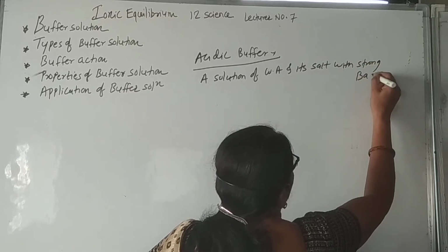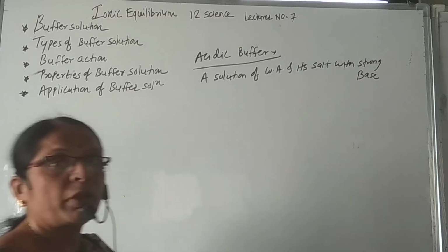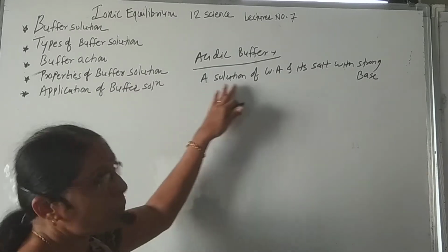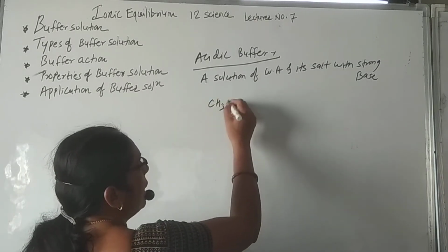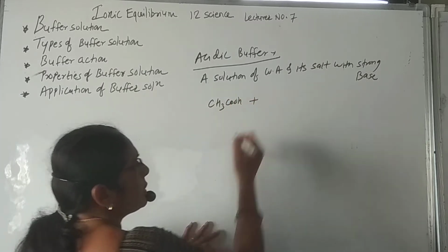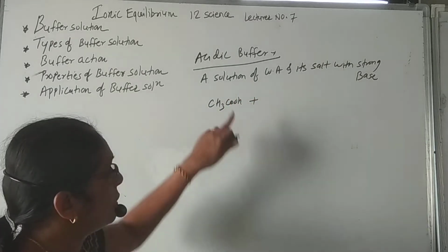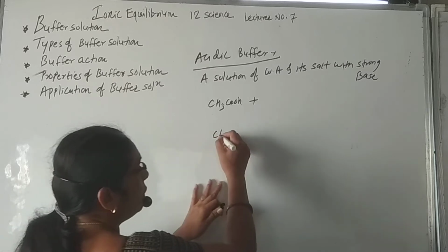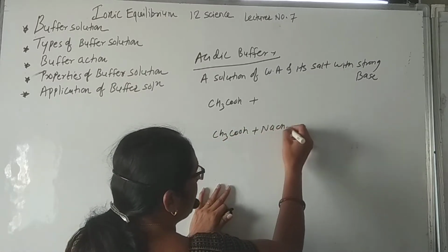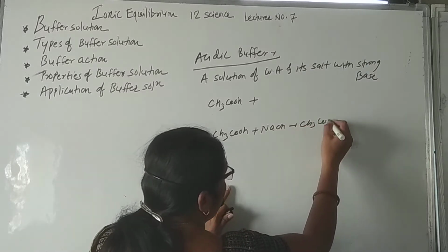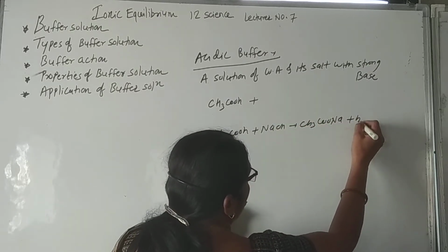What is the acidic buffer? An acidic buffer is a solution of a weak acid, suppose I consider the weak acid acetic acid, plus its salt, the salt of the same weak acid with a strong base. If I react the weak acid with the strong base, I get sodium acetate and water.